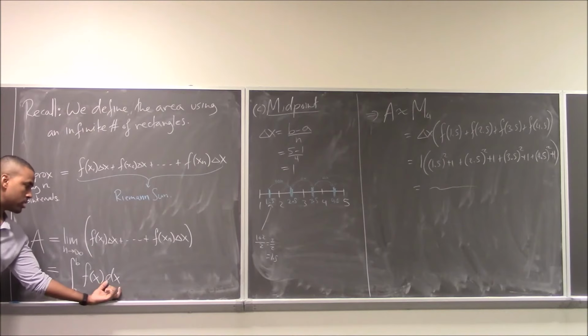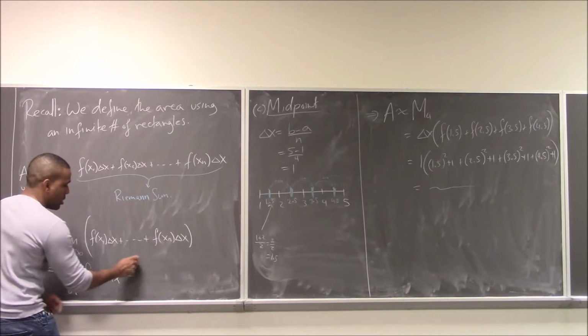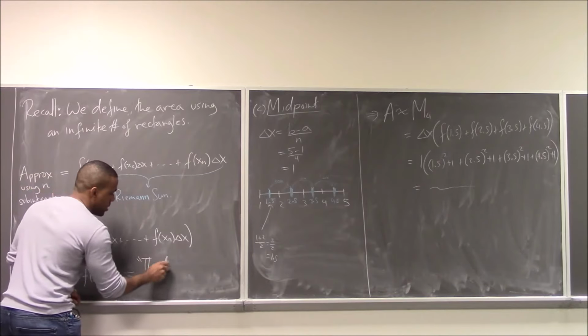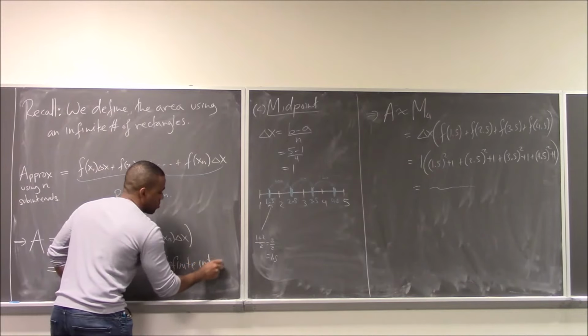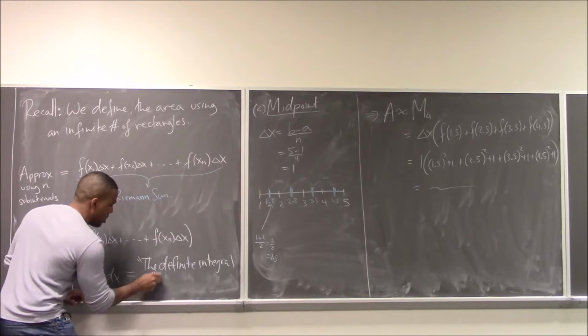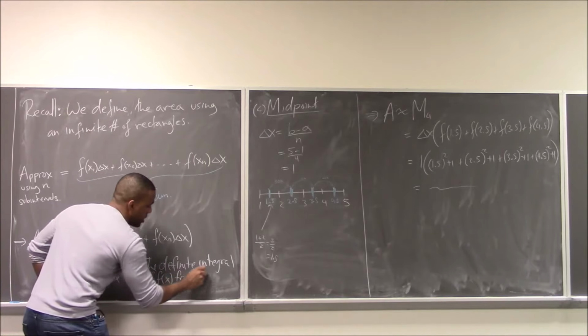Dx means with respect to delta x, so that's your dx, but this is the notation. And we call this the definite integral of f of x from A to B.